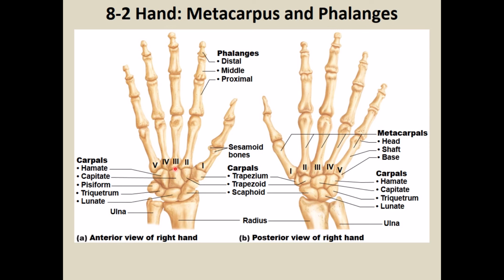You can see there are 8 carpal bones here, but 7 carpal bones on the posterior view. Then this area is called metacarpals, and these are the phalanges. So there are 3 different parts in the wrist and the hands. Carpals, which are these bones, 8 of them, metacarpals, which are 5 of them, and phalanges that are 14 of them, not 15, 14.